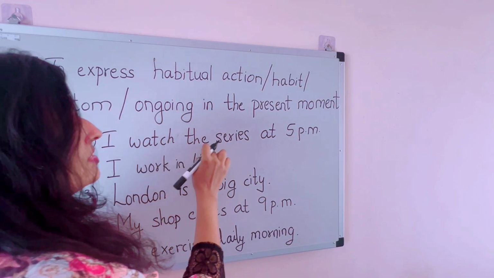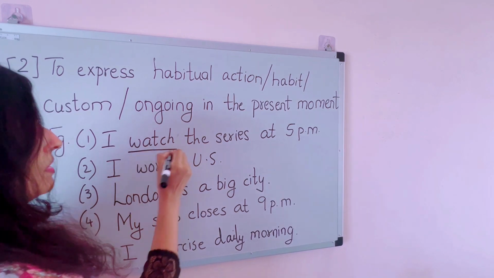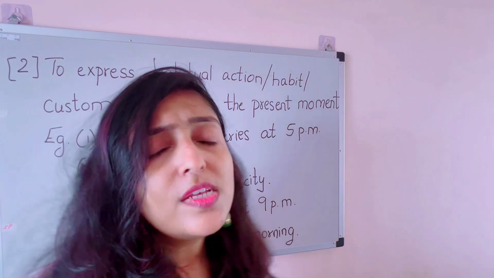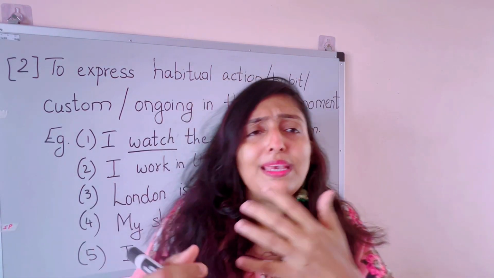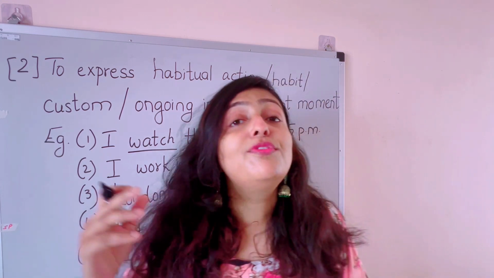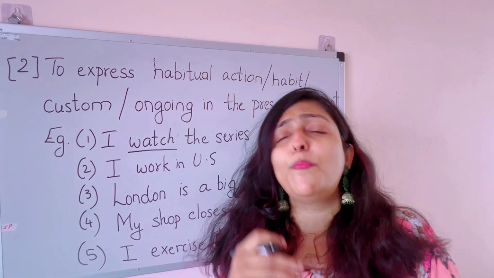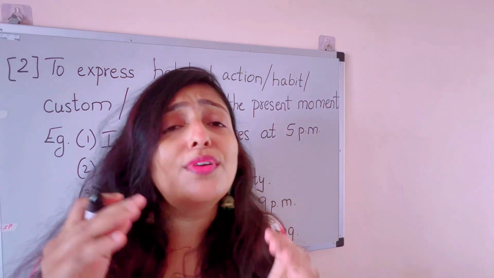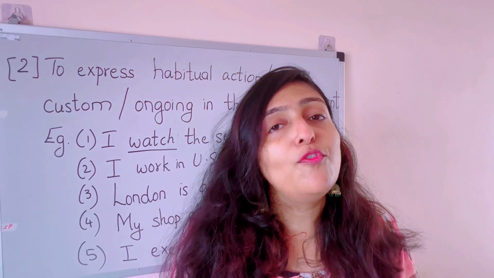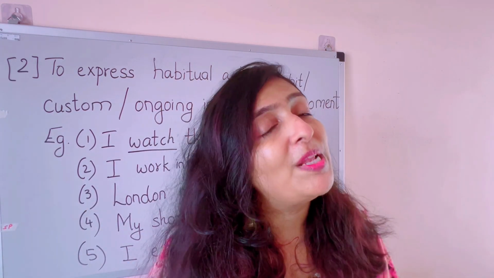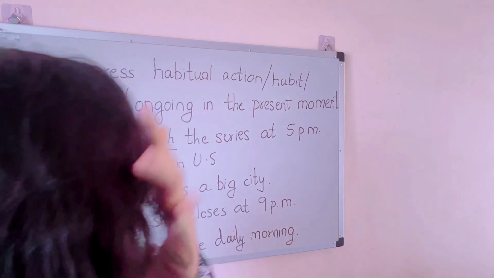I watch the series at 5 p.m. So this is the verb. Something that is happening consistently on a regular basis. You're practicing something, you're regularly doing it. We use simple present tense.